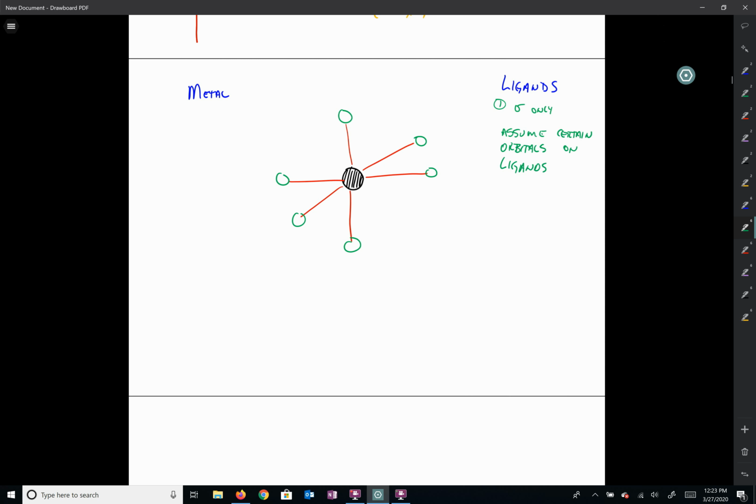So, we've got a couple different sets of orbitals on the ligand. So, for instance, let's say that this is just a chlorine atom, or I should say a chloride. That means on this chloride, we have s and we have p orbitals. Technically, we have d orbitals too, but let's ignore those for now.